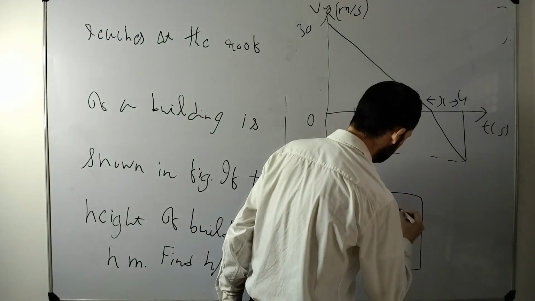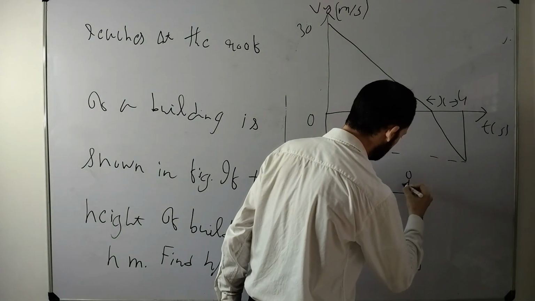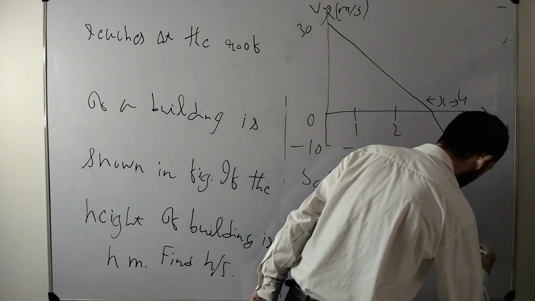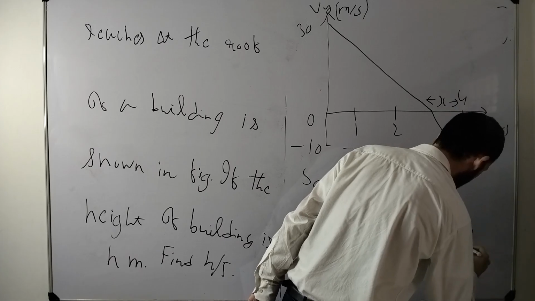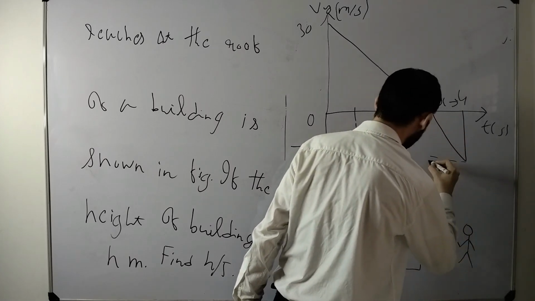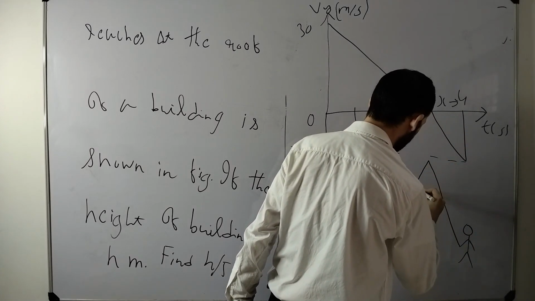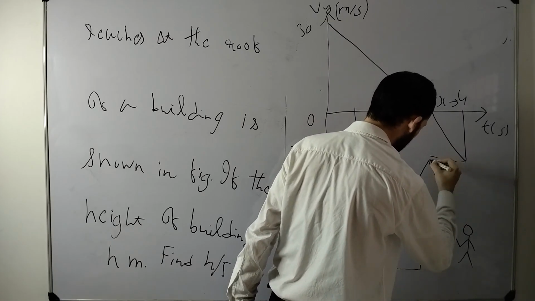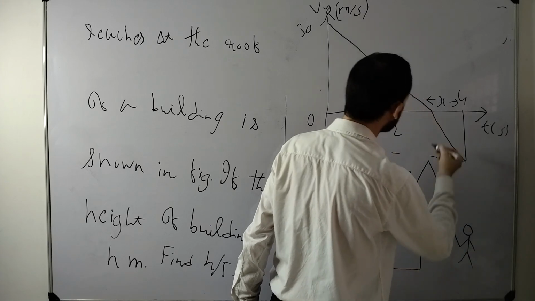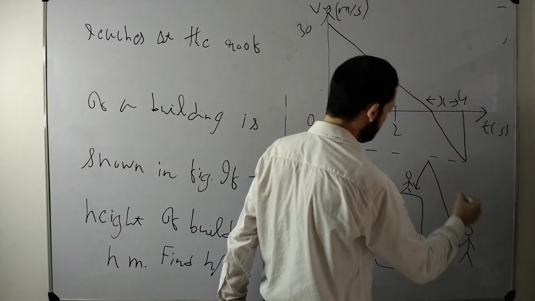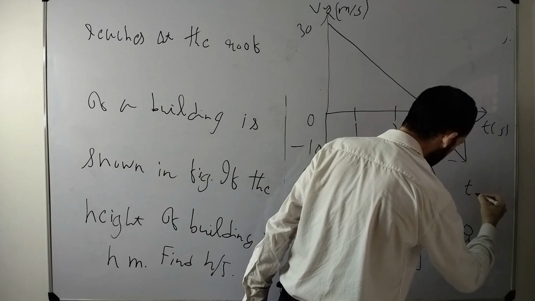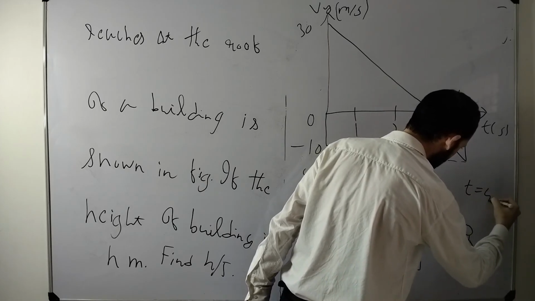This is the building, this is me standing here, and here you are standing on the ground and you throw the ball upward. It went up there and it came to me. So let's suppose this whole process took 4 seconds total time.